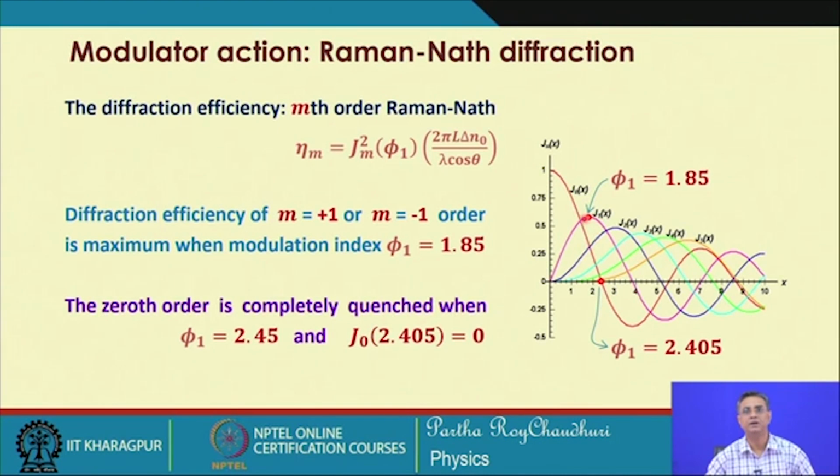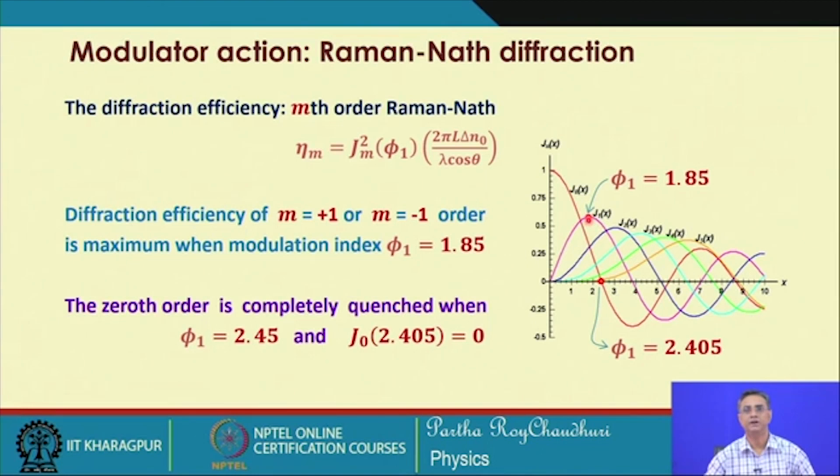But J1, corresponding to the plus and minus orders of this Raman-Nath diffraction, will have the peak value at phi 1 equal to 1.85. So, these are the two main points which will guide the modulator design.